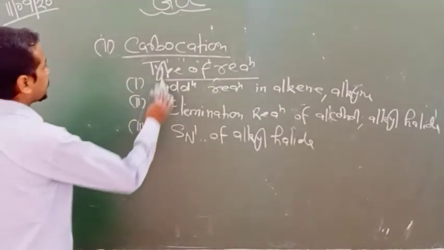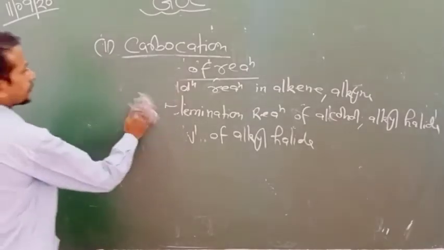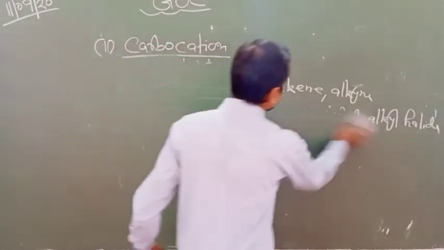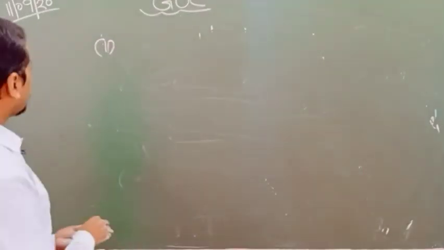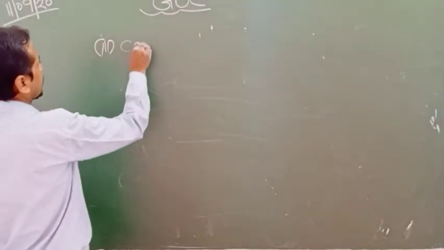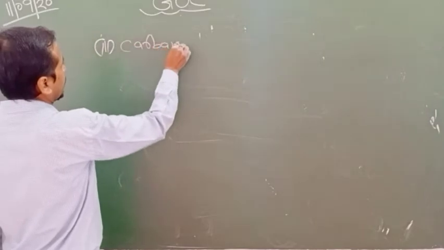Now the last intermediate which we have to know for board examination is the carbanion. So the third intermediate is carbanion.